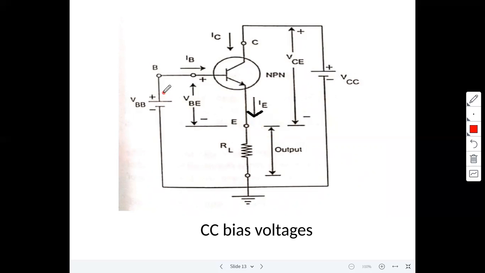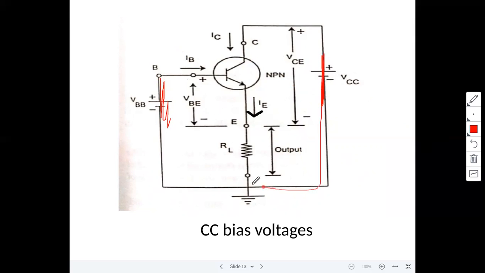Now generally transistors are used for amplifier purposes. It will convert low, weak signals into high signals. Generally transistors are used for AC signals. For AC analysis, all these DC sources are short circuited, remember here. For AC signal analysis, this one is a short circuit.